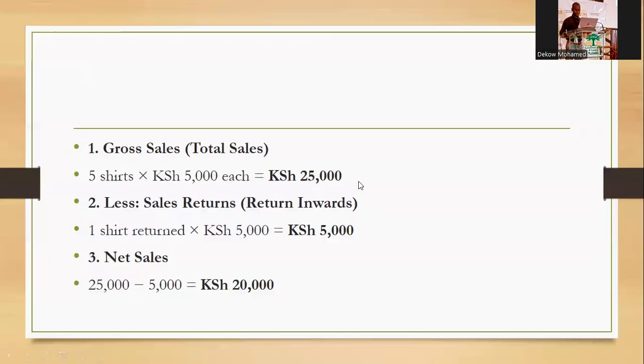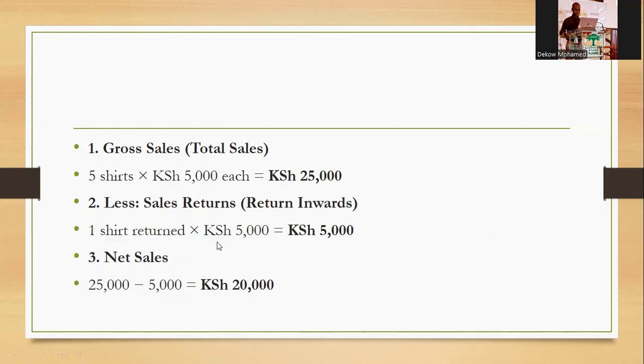So we can have here gross sales, like we are selling five shirts, each at 5,000. If you sell five shirts at 5,000, that will be 25,000 as your sales. Maybe there's one shirt that is returned. So the sales we have made is 25,000, but one customer has returned one shirt.